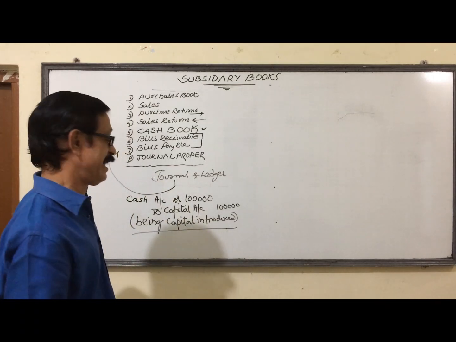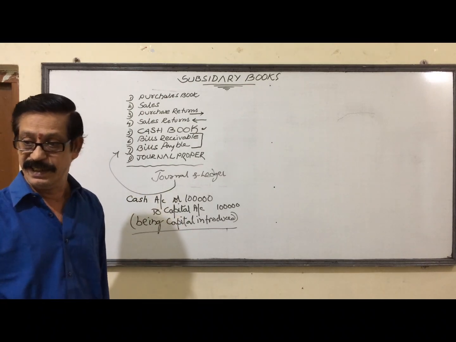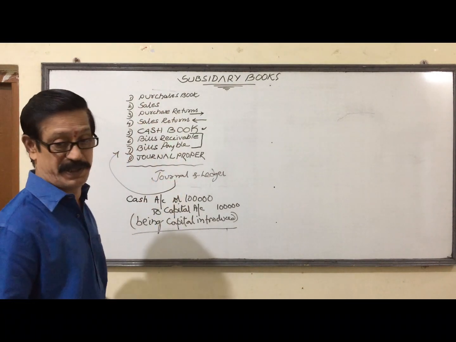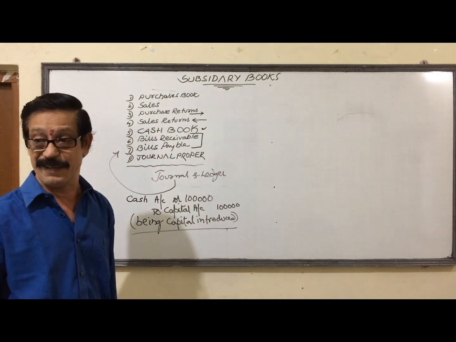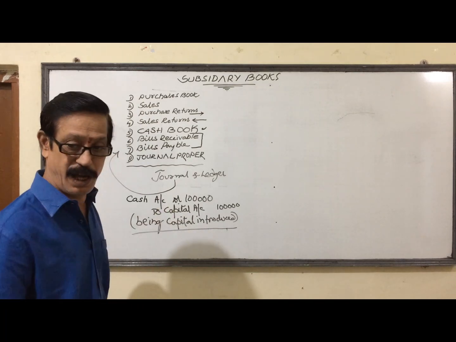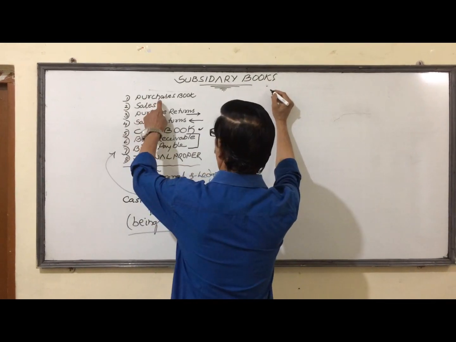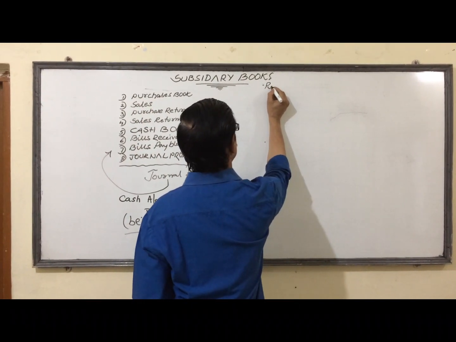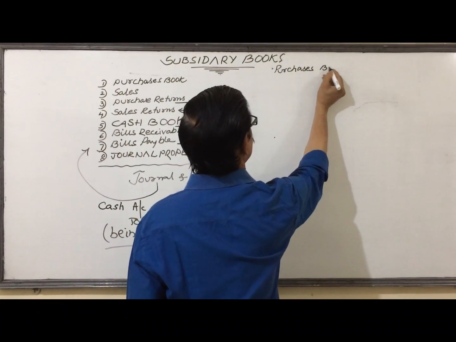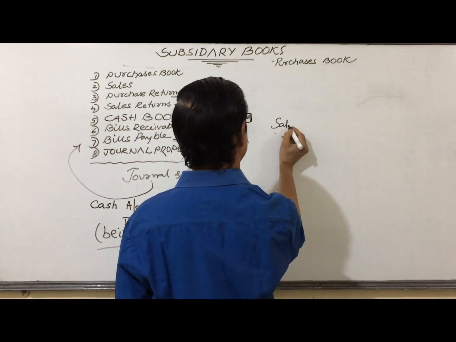Now, you may get a doubt. Sir, entering in a journal entry is time waste. When you are maintaining so many books, automatically the time waste may become more. You may feel that, but it will be reduced. How? Try to look at the board. Number 1, for example, purchase book is there. Next one, sales book.